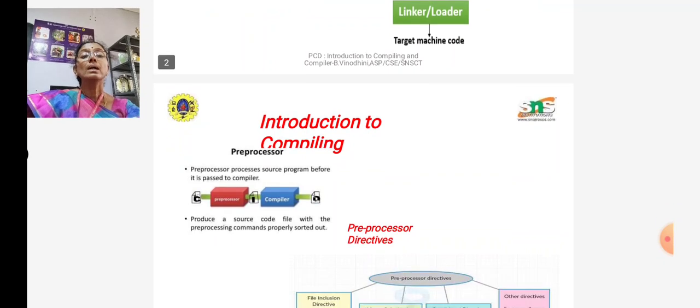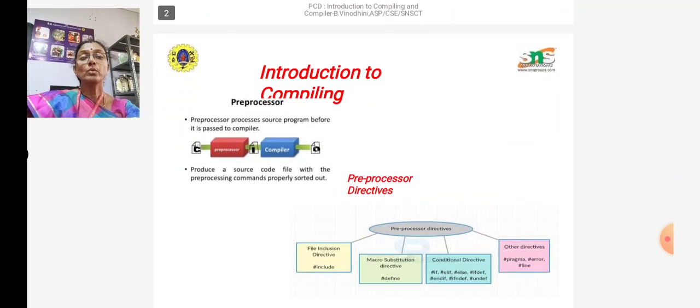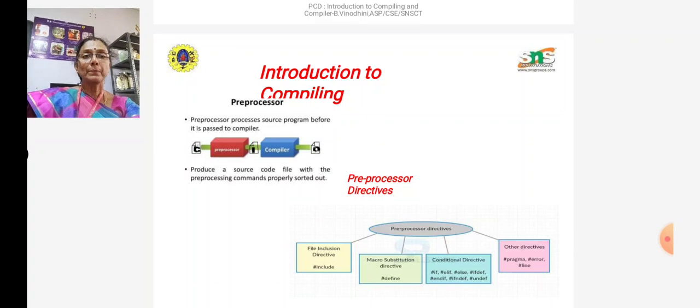Now we will see the translators' functionality one by one. The first one is the preprocessor. The preprocessor's functionalities are file inclusion: suppose our source program contains any header files, then that file is included. Next, macro definitions are added.